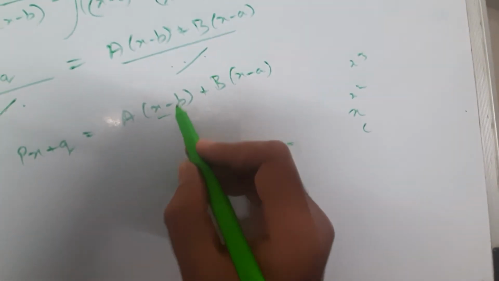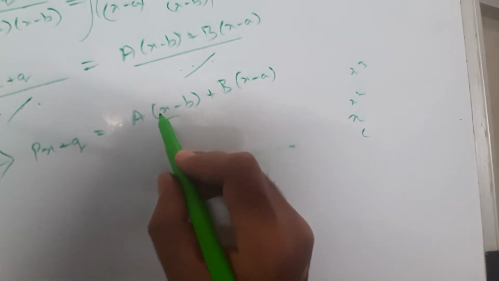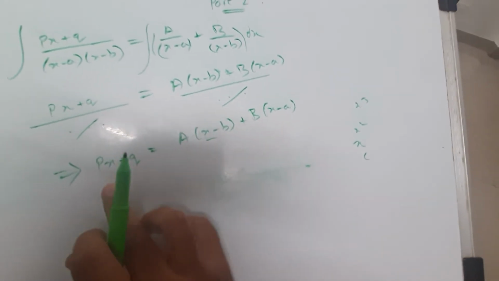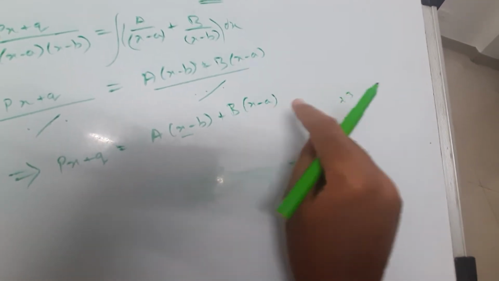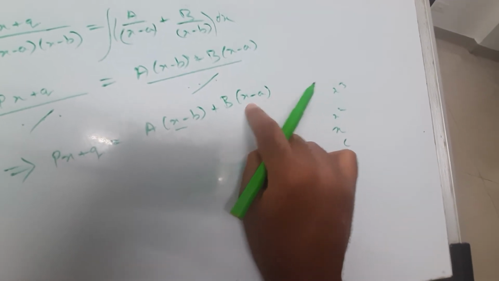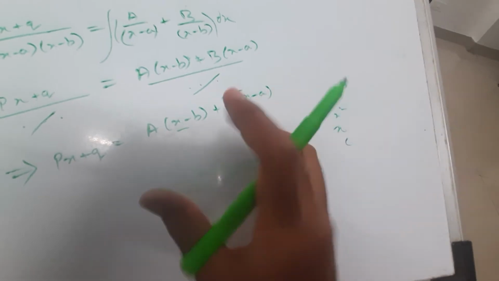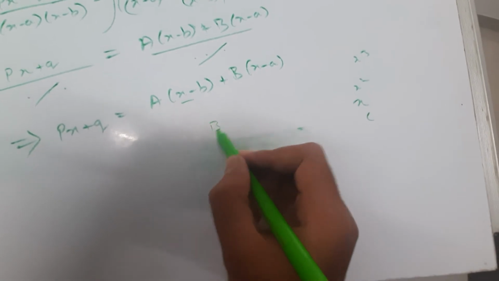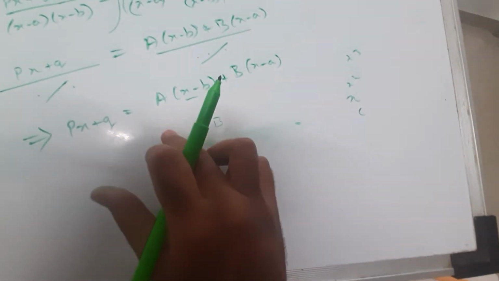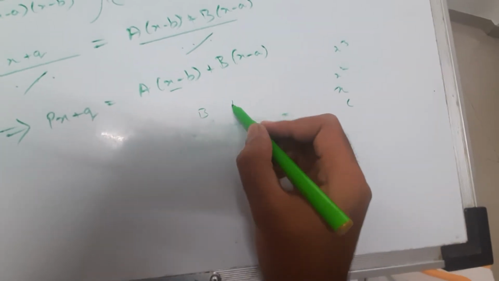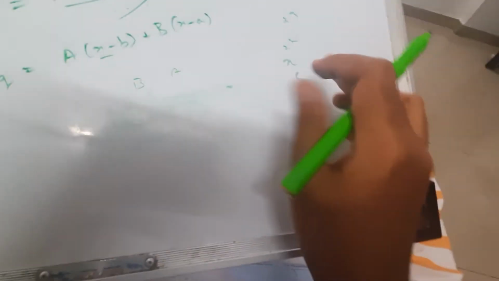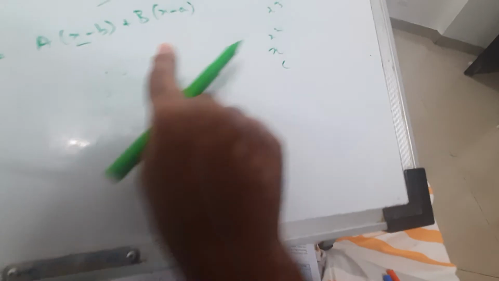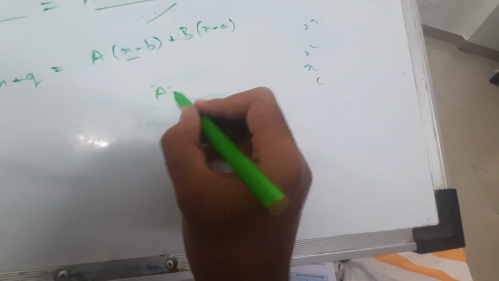If b is, suppose, 1, you're going to get -1 here, so you put x = 1 to make this 0, and then A cancels out, and you get some value, something like 2B is equal to some constant, and then you'll get the value of B. Then you can substitute another value of x, and you'll get the value of A. If there are more terms, you'll get different equations, and you have to solve those equations to get A and B.